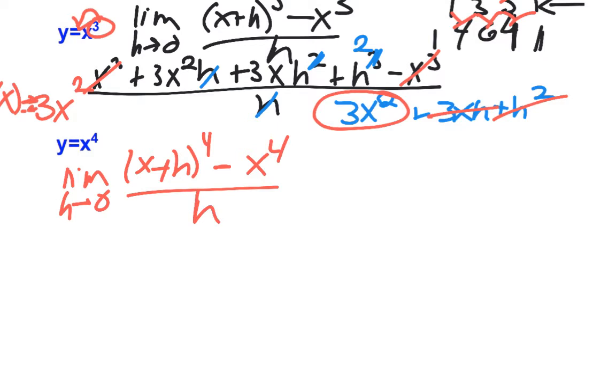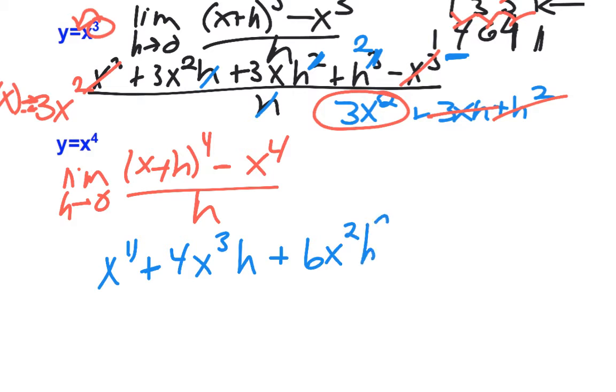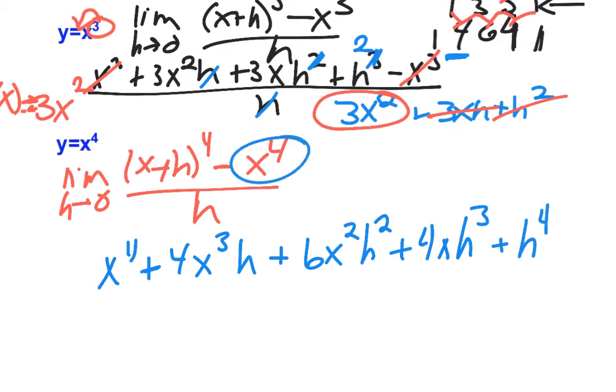Expanding that x plus h to the fourth, it's going to be x to the fourth plus 4, see the coefficients up there, x to the third h plus 6x squared h squared plus 4xh cubed plus 1h to the fourth. And then we're going to bring this down, minus x to the fourth, all over h.